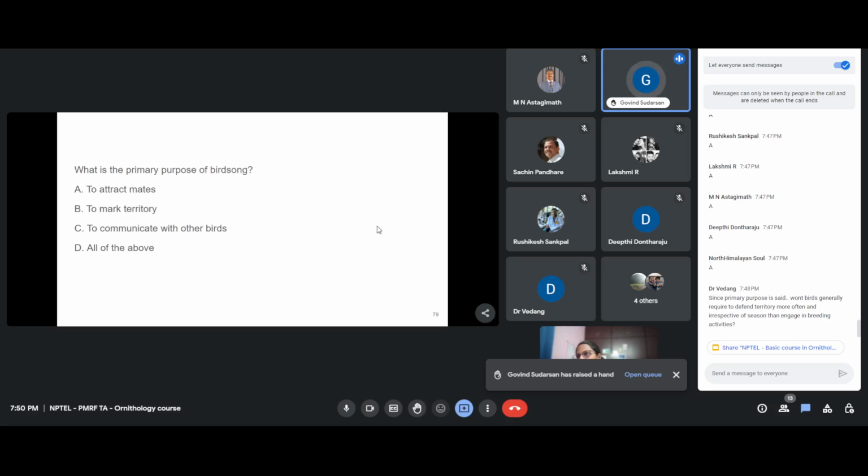Could I make a point in relation to both this and the question? Govind, go ahead. Bird songs are a complex form of sound, and they require a lot of effort on the bird's part, ma'am. So it can't be just to communicate with other birds. So let's point C out.